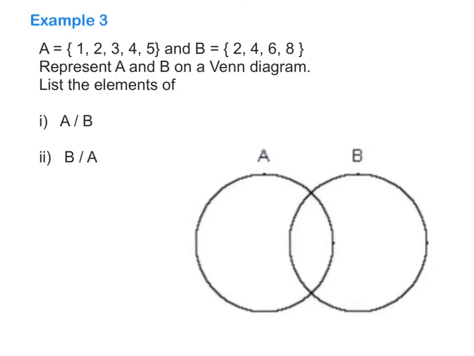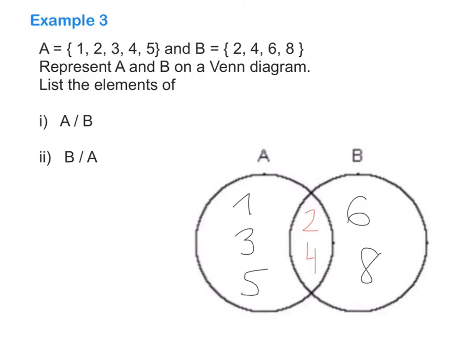So 2 and 4, and let's put 2 and 4 in the middle. Then in set A we have 1, 3 and 5. In set B 2, 4 and 6 and 8, and this part is done.